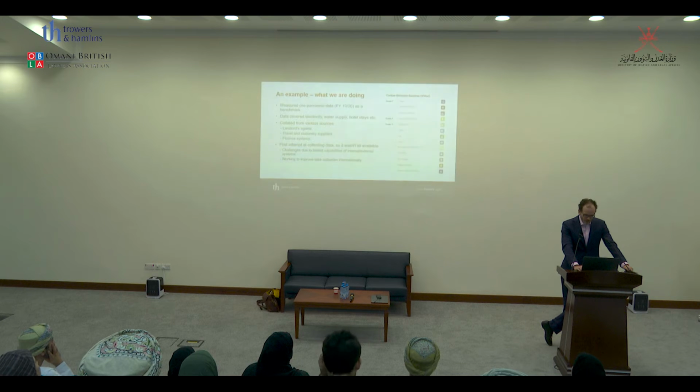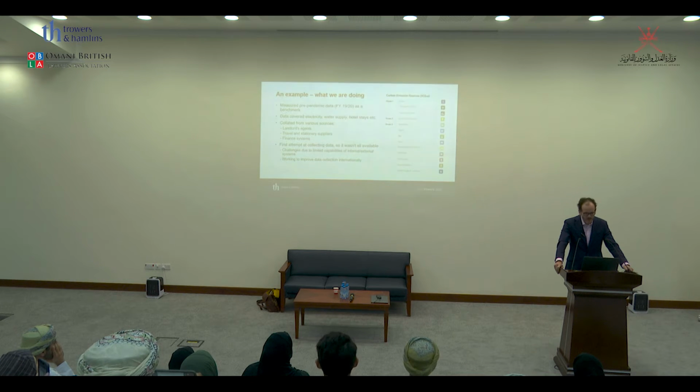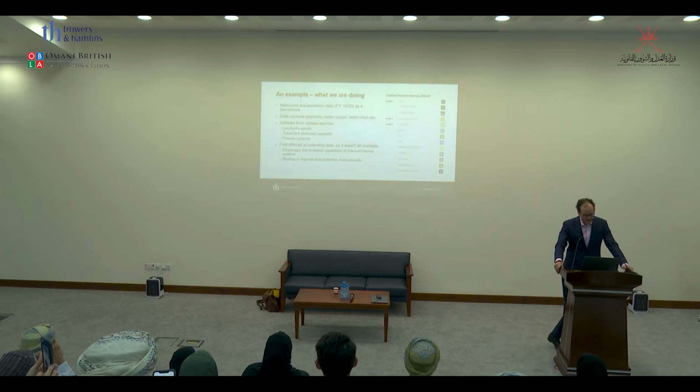So I just thought I'd give you an example of what we're doing as a firm. We've been in Muscat for about 40 years, but we're a UK, London headquartered firm, and so this is extremely relevant for us. We measured all of our pre-pandemic data and took that as our benchmark. We did things like electricity, water supply, hotel stays.